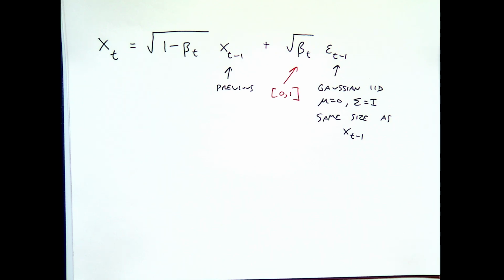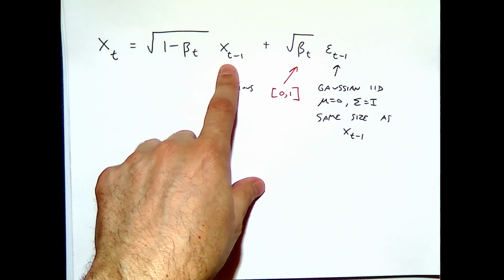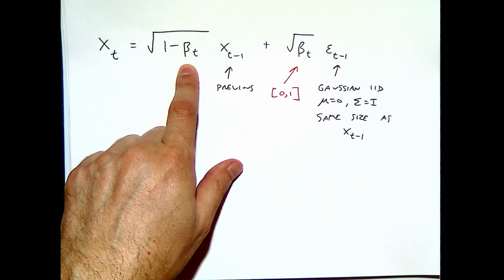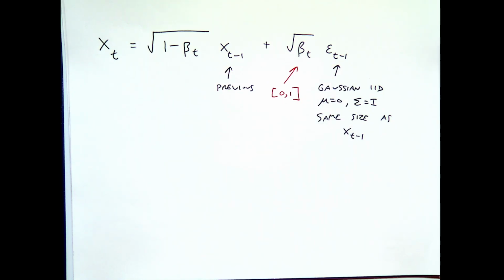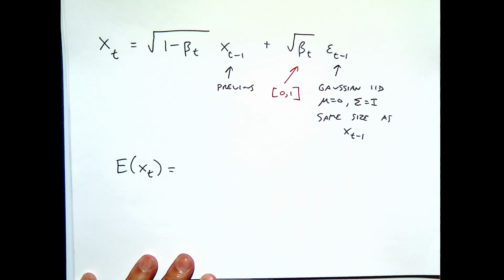And initially, I want beta to be close to 0, right? So what I'm saying is that to get to the next time step, I mostly take what I had before, because this number is going to be close to 1, and I add a little bit of Gaussian noise to it, okay? And so what's going to happen, right? So what is the expected value? And this is, again, good probability review for those of you that took probability with me.